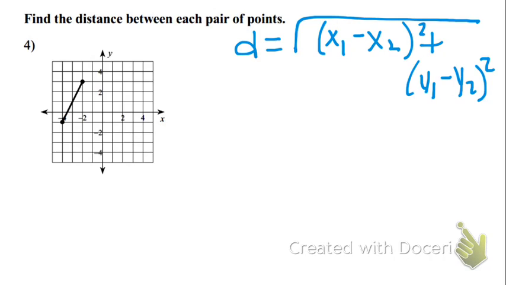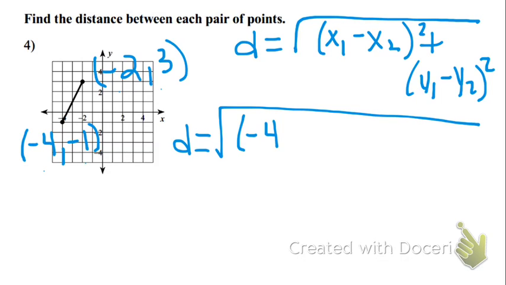And again, it doesn't matter if you do x1 or x2 first, as long as you do the x's and y's in the same order. So if we find our points over here, down here at the bottom, we've got negative 4, negative 1. And then up here we have negative 2, 3.